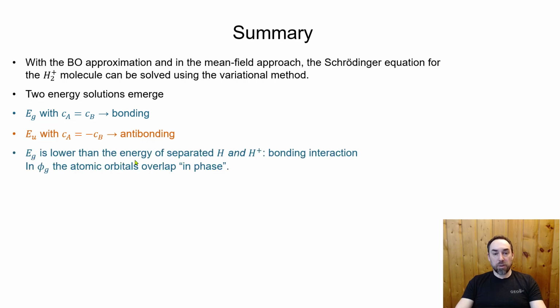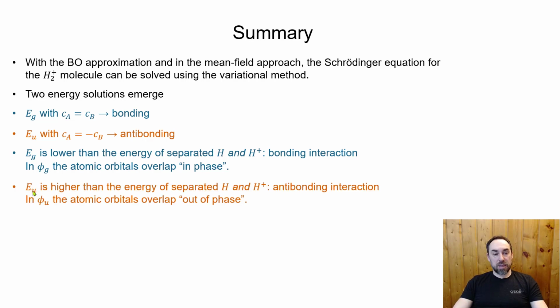EG is lower in energy than the 2 separate species, so it leads to a bonding interaction. And we call the way that the atomic orbitals interact with each other in this wave function, in this orbital, they overlap in phase. In the other case, EU is higher in energy than the separate species, so it's anti-bonding.